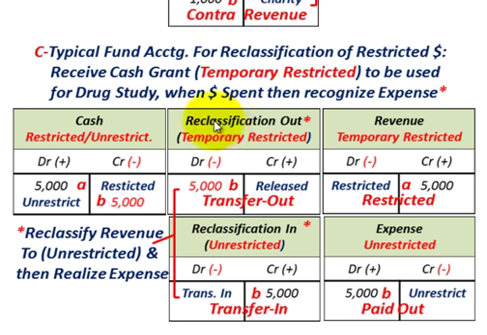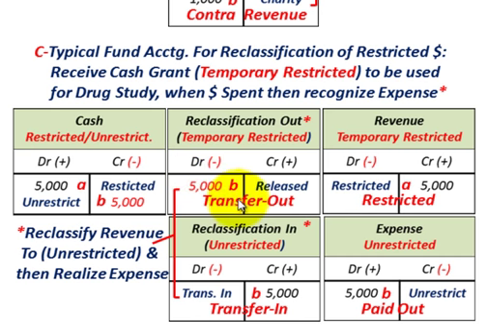So what you're going to do here, you have to go through this account where you're going to call it Reclassification Out. This is where you're going to release those dollars to spend. So in your account, it's going to be a reclassification out from those temporarily restricted dollars from that drug study. So you would debit or reduce your reclassification out here for $5,000.